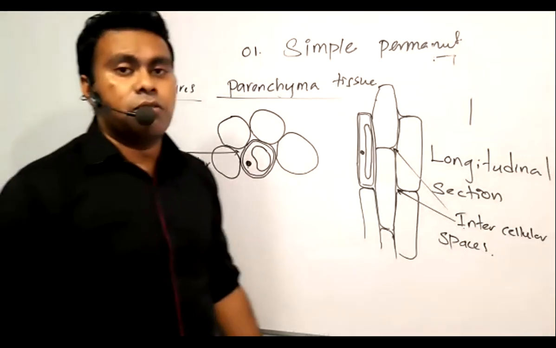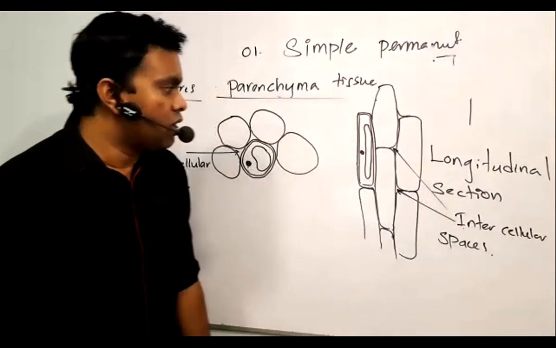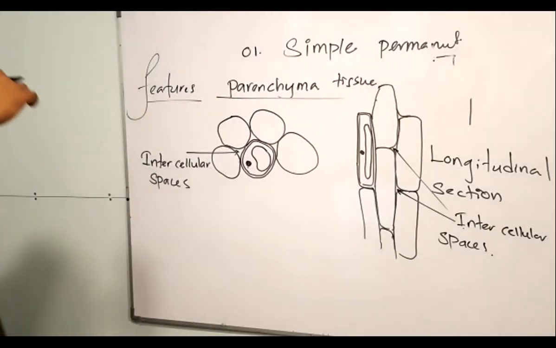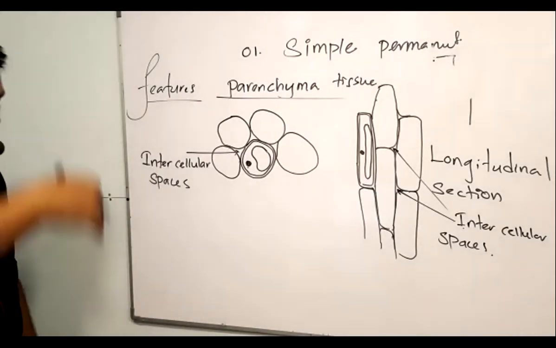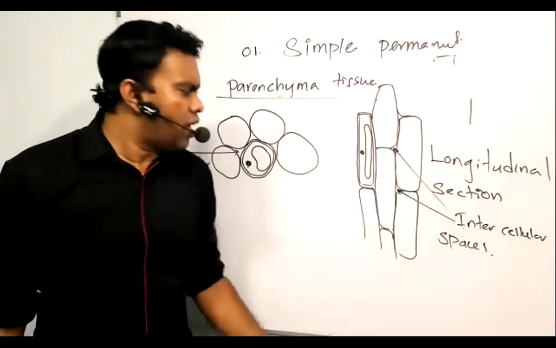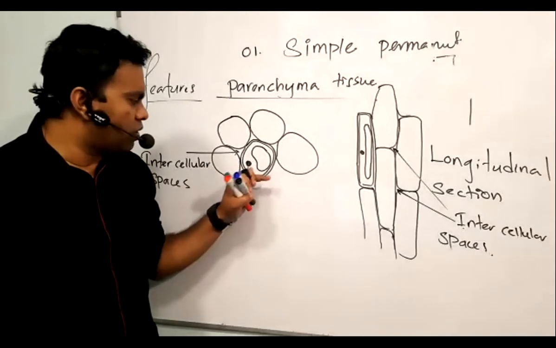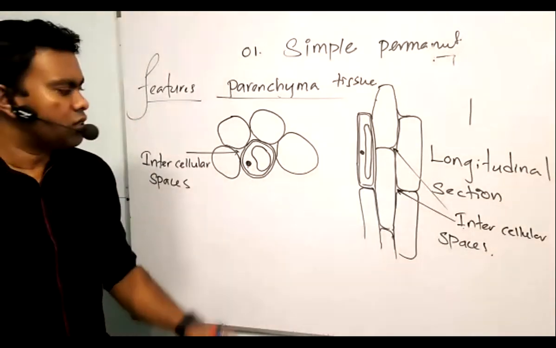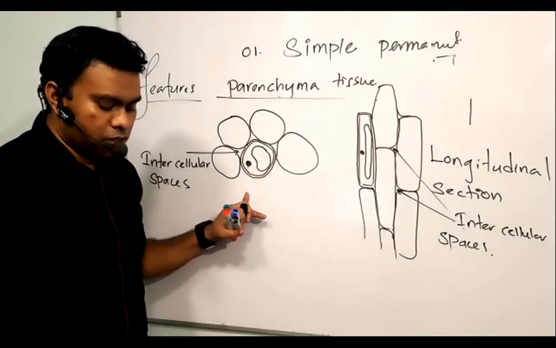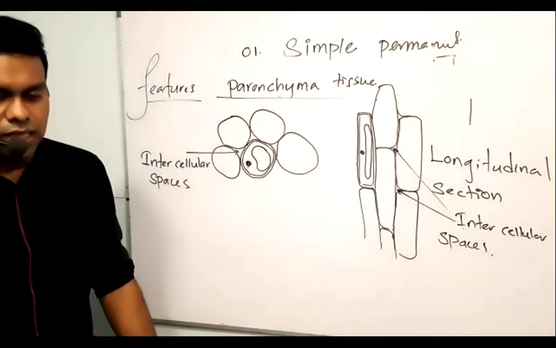All the parenchyma cells are living tissues. Parenchyma tissue consists of living cells. And you can observe, next one, take down, nucleus is prominent.